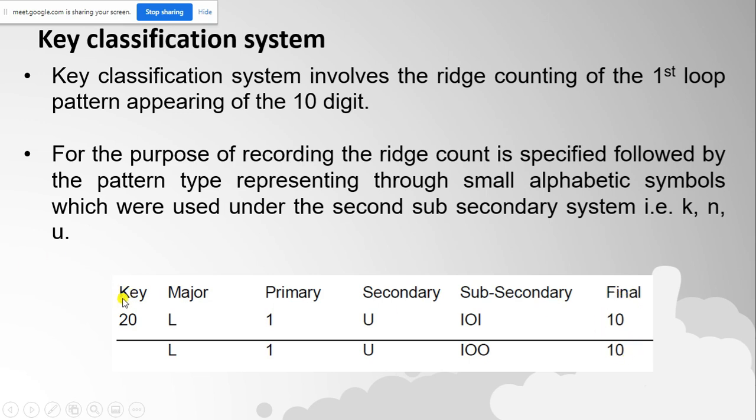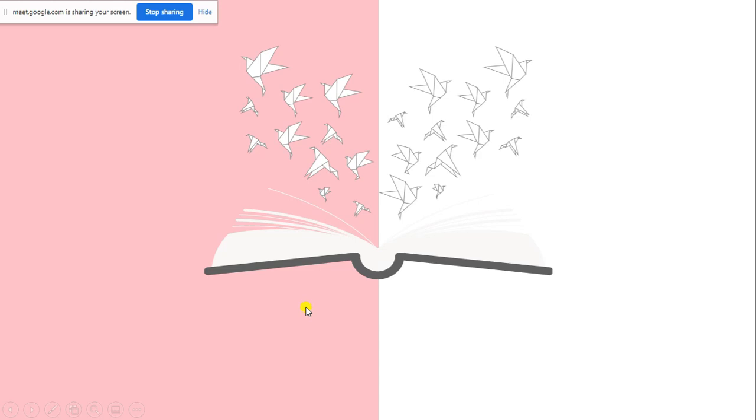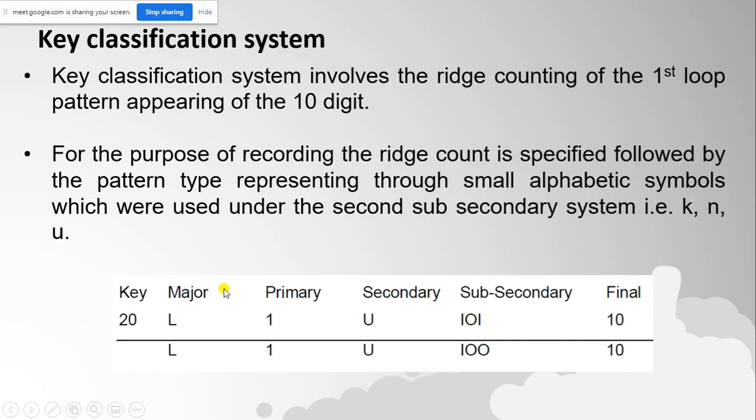So this is the sequence: key, major, primary, secondary, sub-secondary, and final. So all the classifications all over the world, they follow the same basic pattern with a few local changes or local modifications, and that is retrievable and acceptable by all countries in the world.